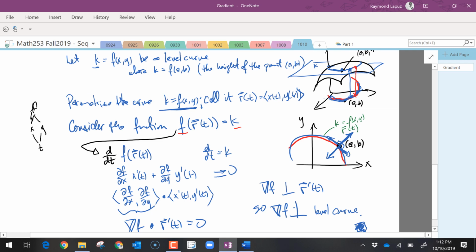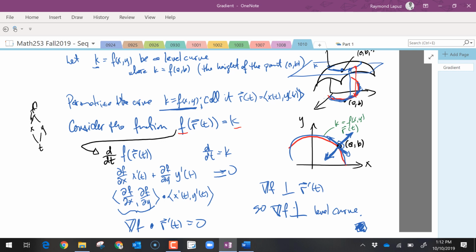Now, according to my picture, it looks like I have two ways to go. I drew two arrows for my gradients. And based on my drawing of the function, one of them is correct and the other one is not.